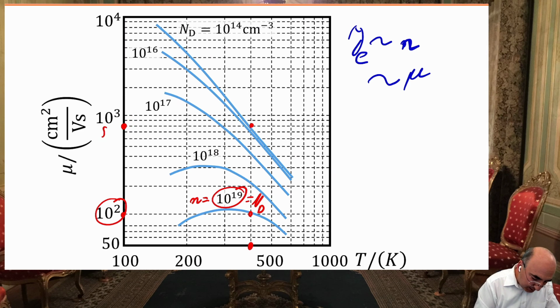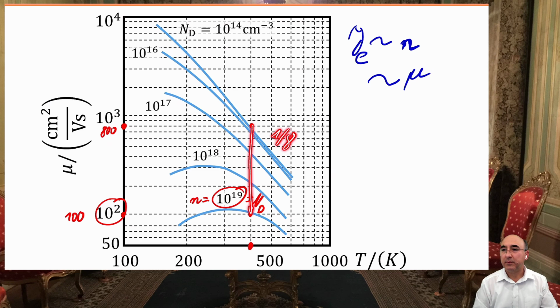Let's say this is 800, roughly. And here we have 100. So the mobility is reduced by a factor of 1 over 8. It is 1/8 of the original mobility.